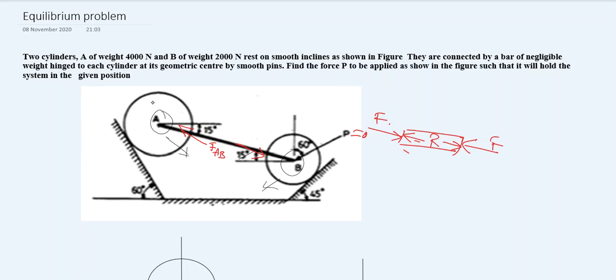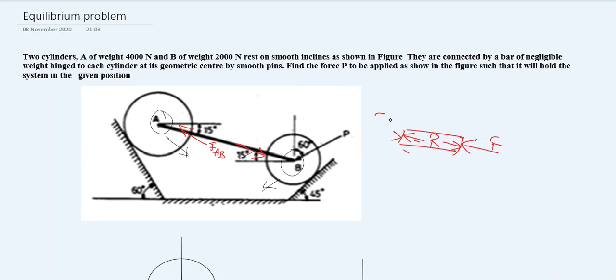Definitely, because one has 4000 newton weight and the other just 2000 newton weight, this roller climbs up the plane and the other comes down. Because of the force P, it is held in equilibrium. So what is the required value of P that we must keep on roller B? That is what we need to find, right?